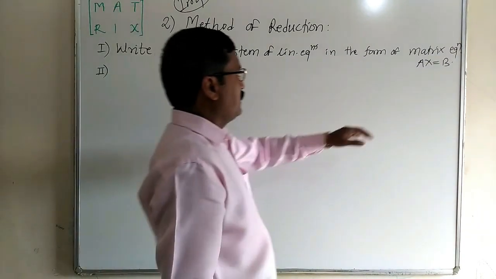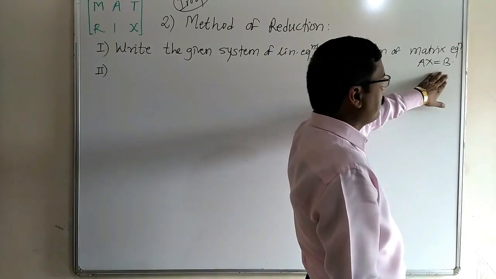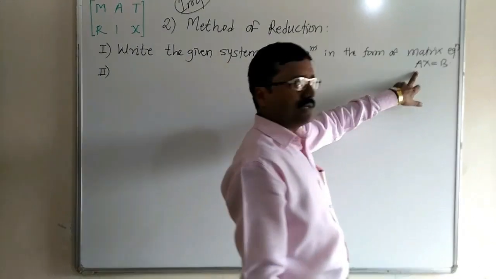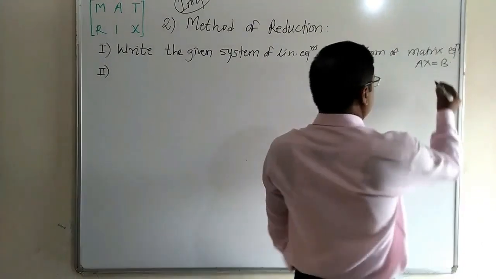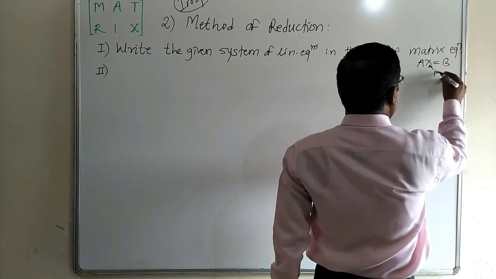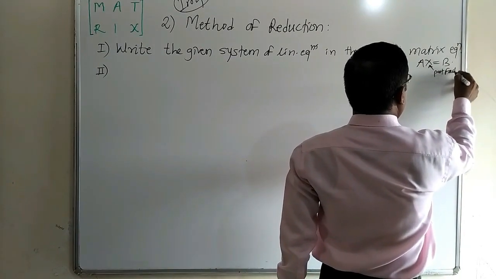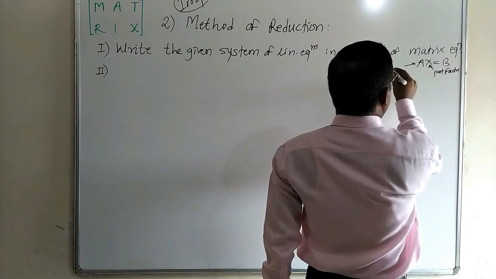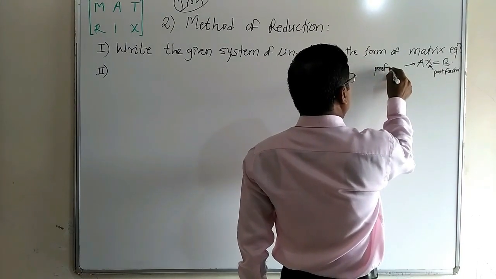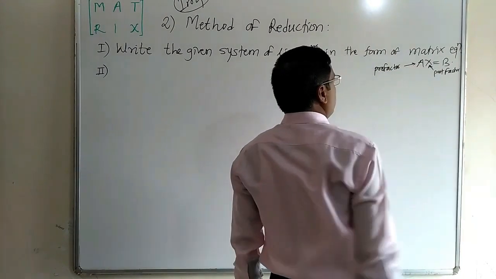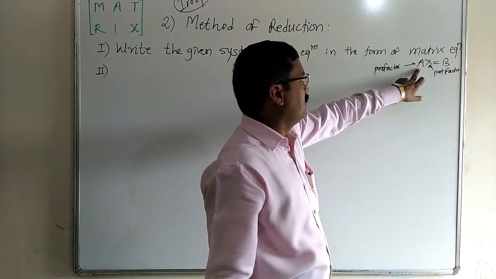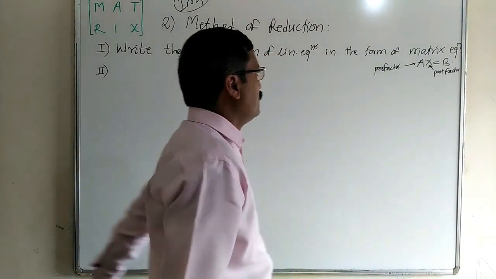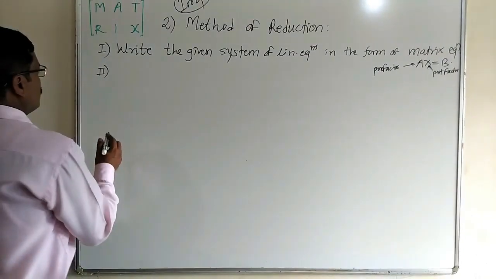If you get this matrix equation Ax equal to B, then we will use elementary row transformations, because unknown x is post factor. Here x is post factor and this A is prefactor. So in this method we will use only row transformations to convert this A into another matrix.